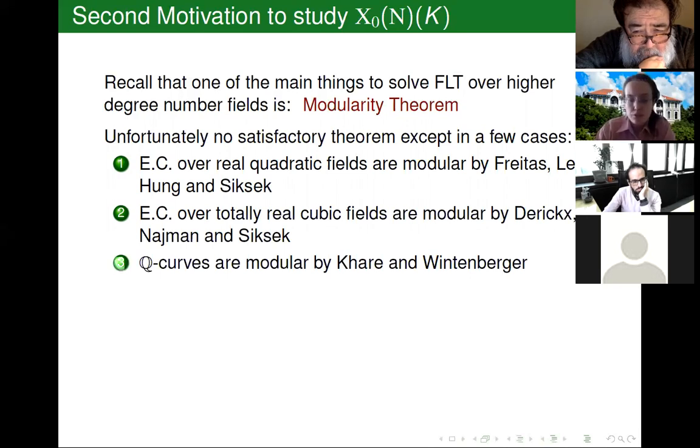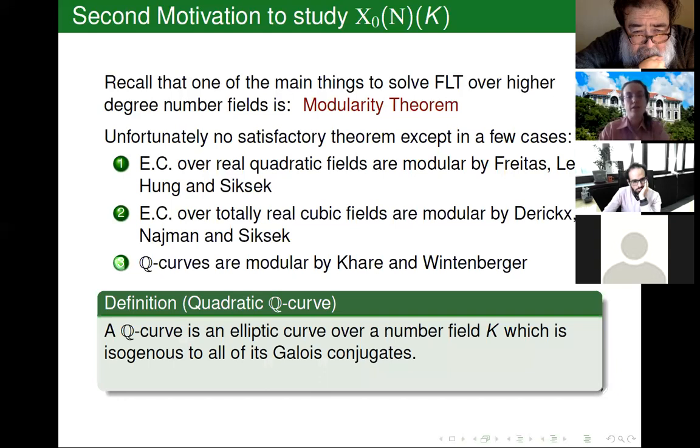So what's a Q-curve? A Q-curve is a special type of elliptic curve, not so special though, but so it's an elliptic curve defined over a number field, K, let's say, which is isogenous to all of its Galois conjugates. So the curve itself may not be defined over Q. It may not be rational.